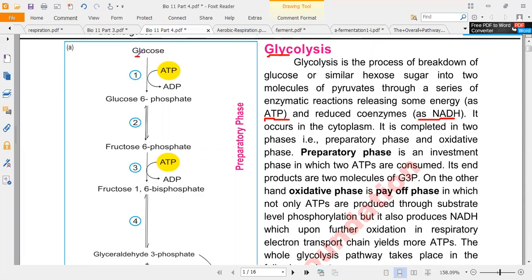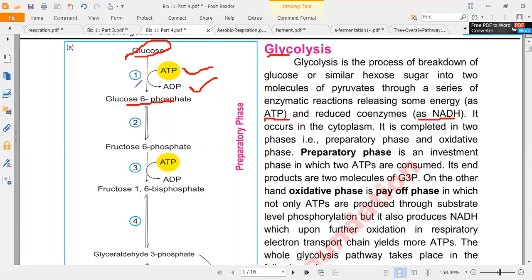So glucose is phosphorylated by utilizing one ATP, and we get ADP, and a phosphate is added into glucose at carbon number 6, so that is called glucose 6 phosphate.